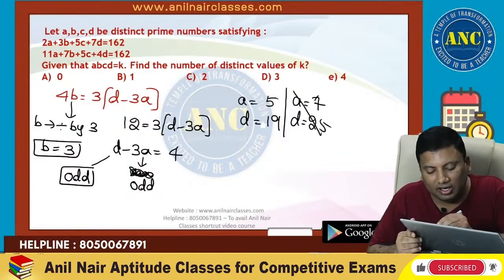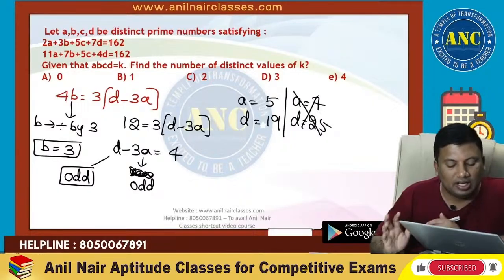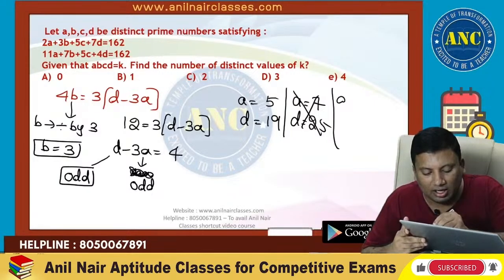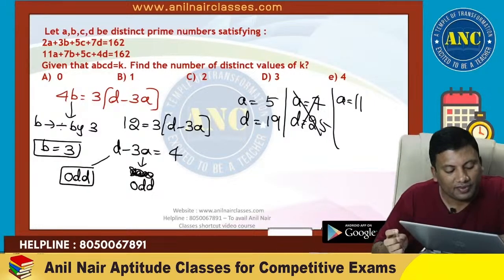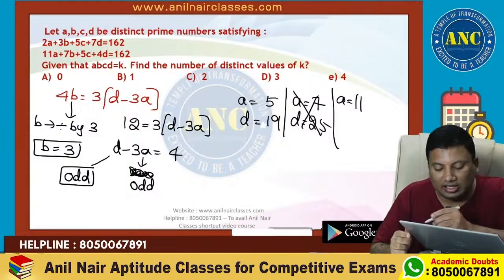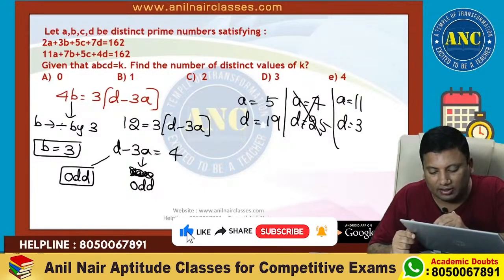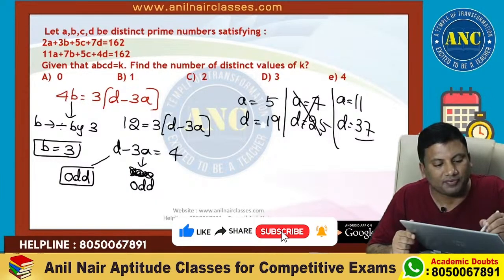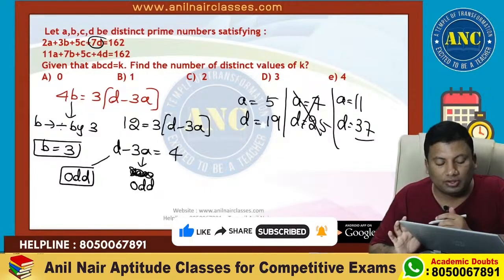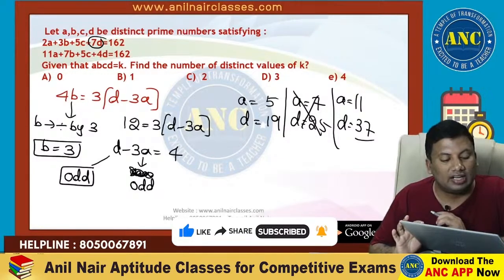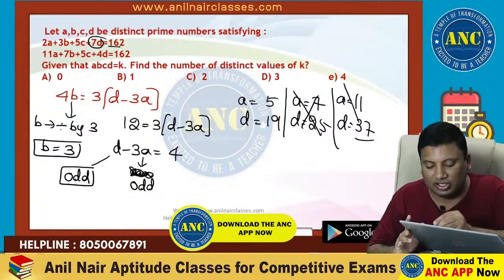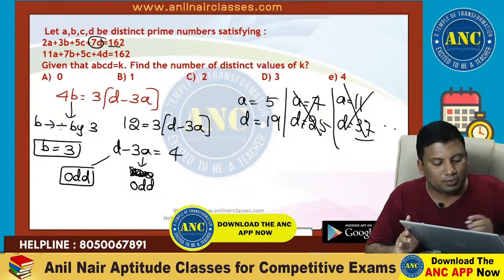This is anyway not possible. Why? Because D is a prime number. Next one. If A is 11, 11 3s are 33 plus 4, 37. D value 37. If I keep D value 37, 7 into 37 is exceeding 162. None of the other cases is possible.